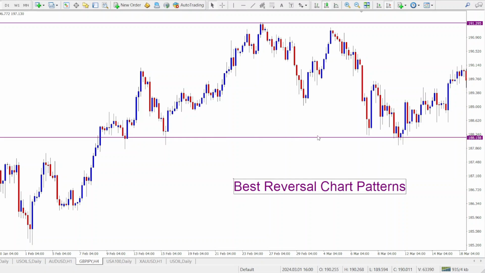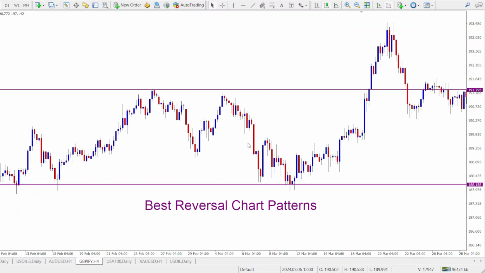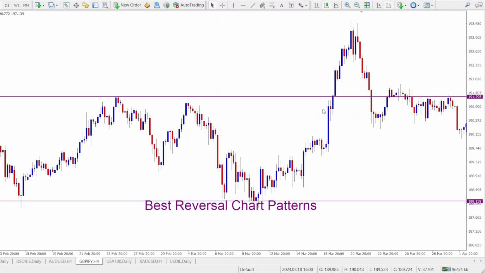Now, one thing to know is that in as much as this is a reversal chart pattern, it does not always precede a reversal, because you might eventually have a breakout. Like in this scenario, we had a breakout.